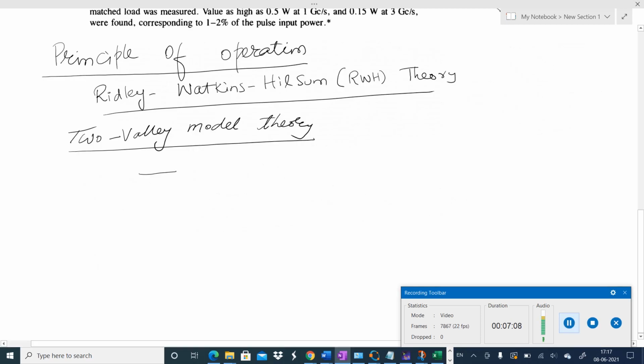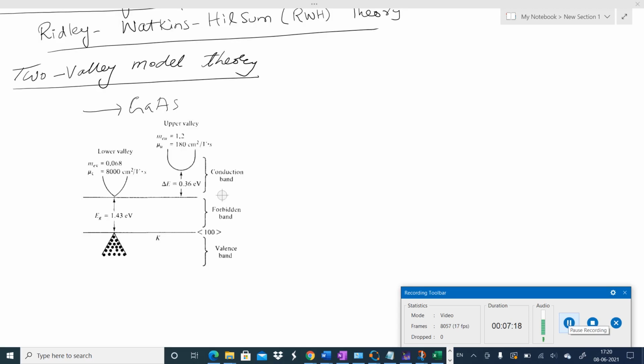We will concentrate on gallium arsenide, and here is how the electron energy band diagram looks for gallium arsenide. This is the energy band diagram for an n-type gallium arsenide specimen. First of all, it has the usual valence band and conduction band, and then it has two conduction bands.